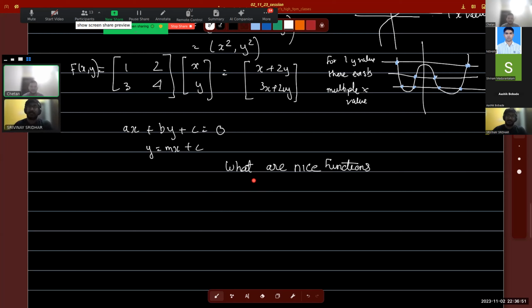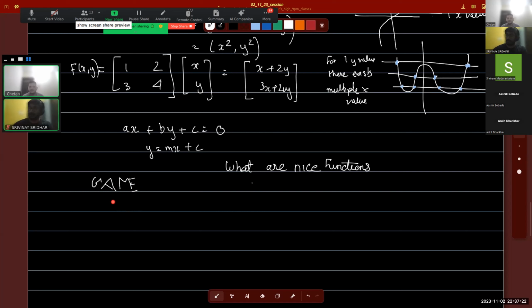I think the best way to understand this is doing that game, right? Okay, let's play a game. We have our computer G here, Shri Vinay. You tell him two inputs, and he'll tell you the output for that.